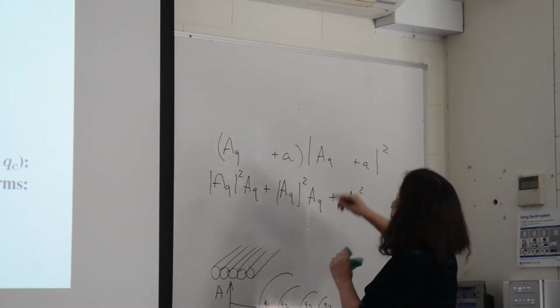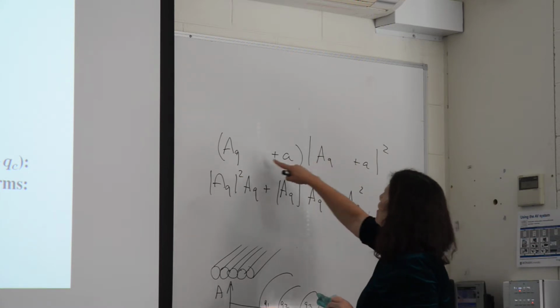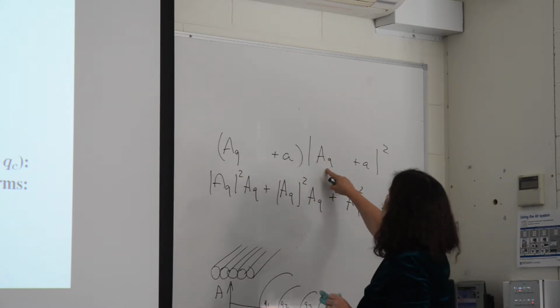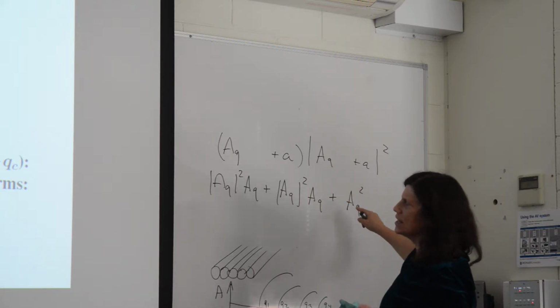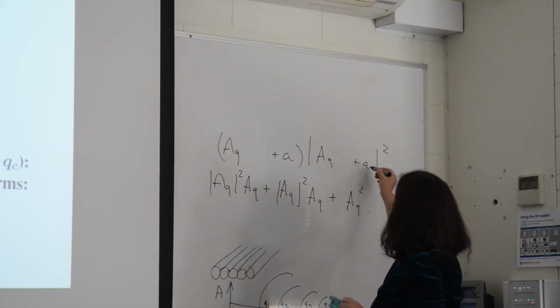So we want to do this and the complex conjugate and that, and then we want to do sometimes this. Don't I get another AQ? Yes, I get an A, right.